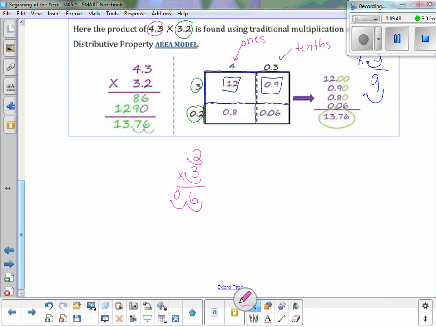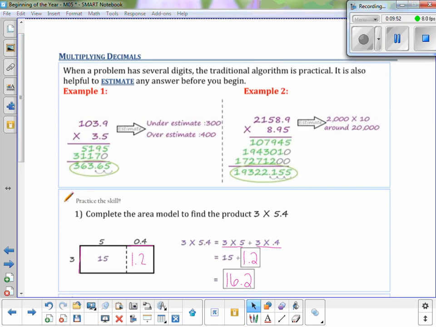All right, will you please turn to the next page there? All right, so up here, here is the really, really big thing. If you have a pencil, you have to circle this. It says when a problem has several digits, the traditional algorithm is practical. It is also helpful to estimate. Circle that with your pencil, please, to estimate your answer.